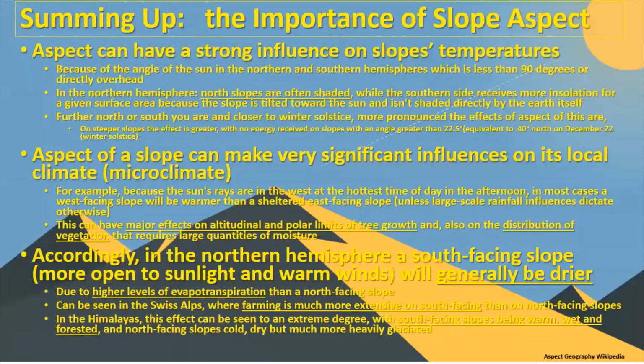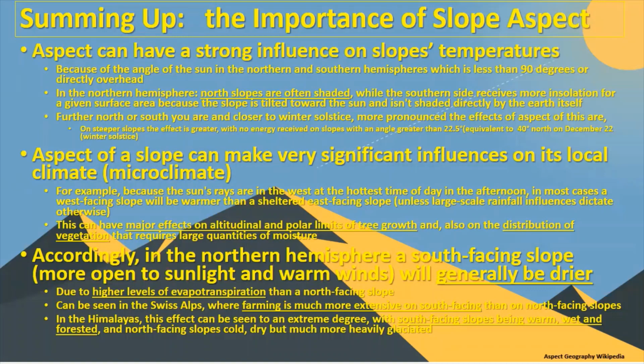So just summing up, the aspect can have a strong influence on slopes temperatures because of sun angle. We talked about that throughout. And the aspect of the slope can make significant influences on the local climate. And accordingly, in the northern hemisphere, a south-facing slope is going to be more open to sunlight and warmer, and generally will be drier.